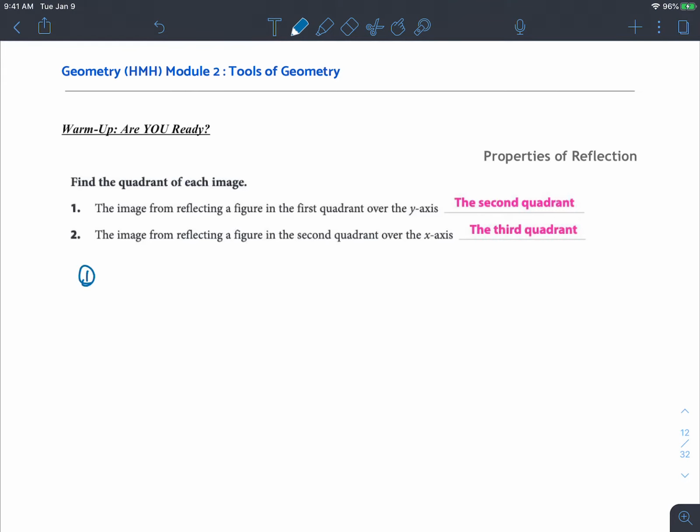Okay, so the image from reflecting the figure in quadrant 3 over the y-axis. So that is the y-axis, and then we have something that is in the first quadrant, right? Call that A. If you have a reflection over a certain line, that line is called the line of symmetry.